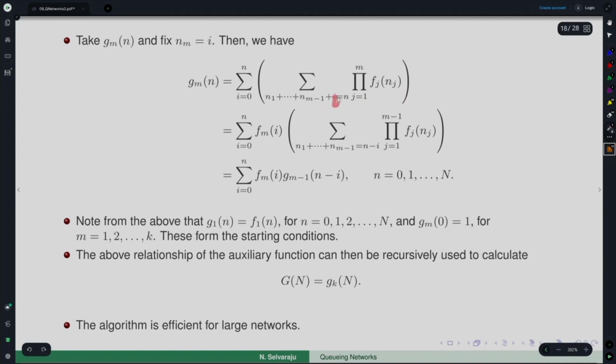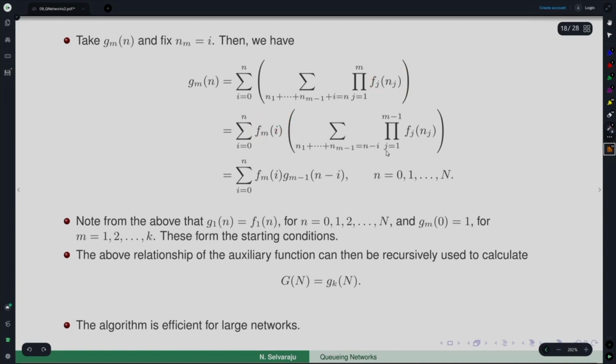Now, since I am fixing this i, and this i could be anything between 0 and n, I have to write all possibilities. So, if I fix this i, I can take the mth quantity out and write it outside, that will be fm of i.